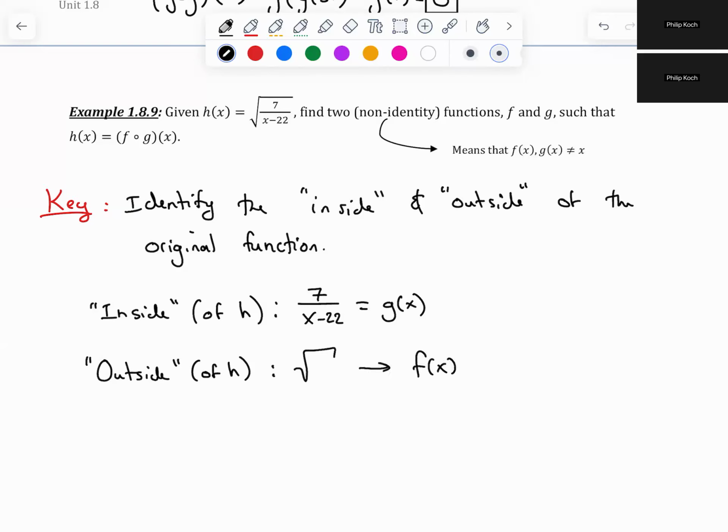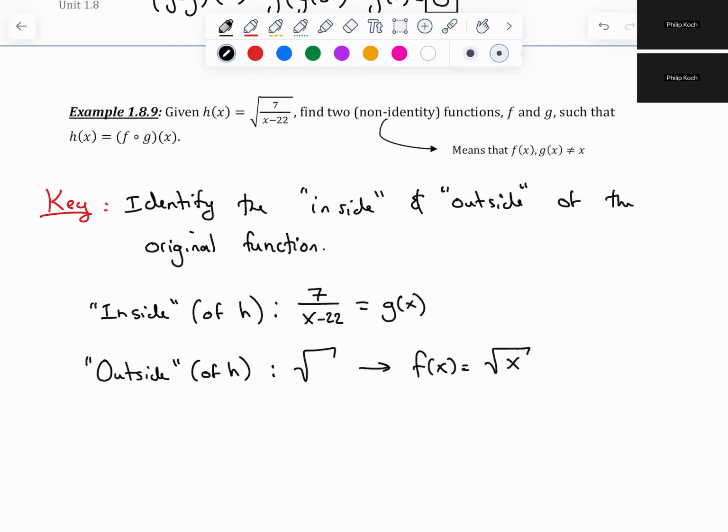So the outside function is going to be square root of x. The outside is that square root, so we're going to make it a square root function.